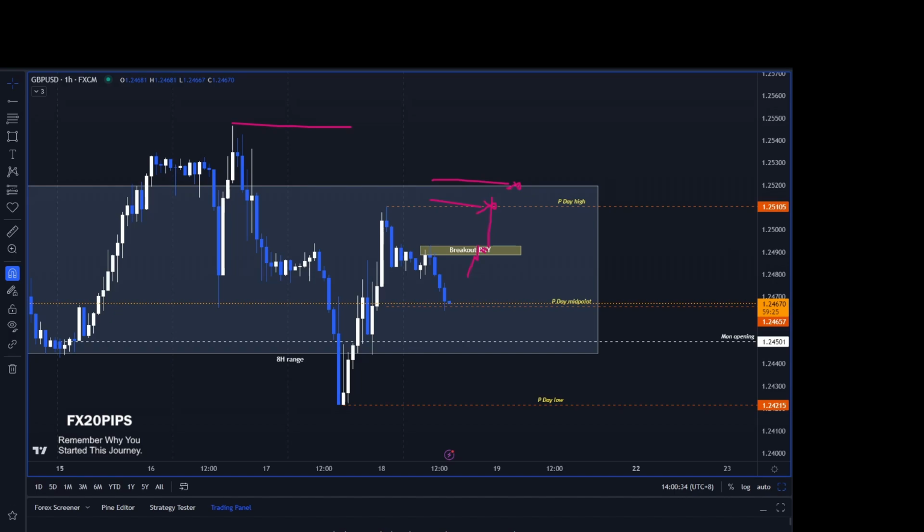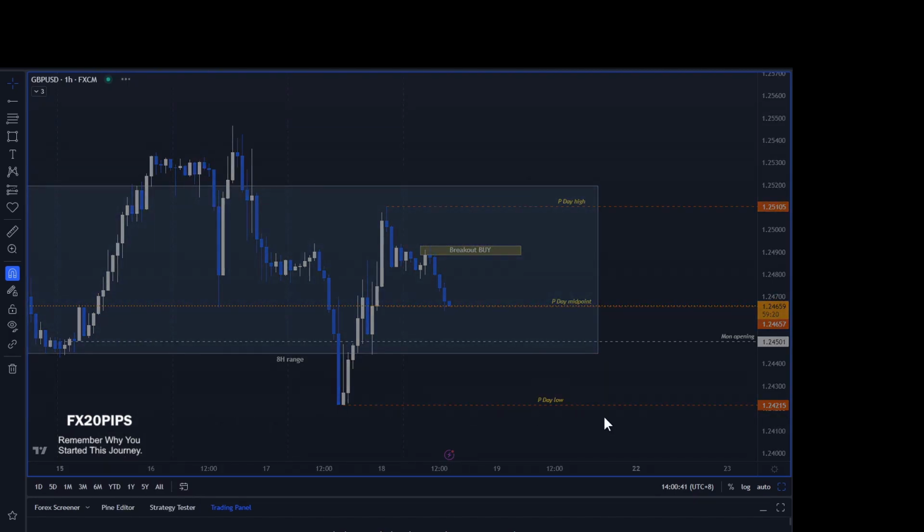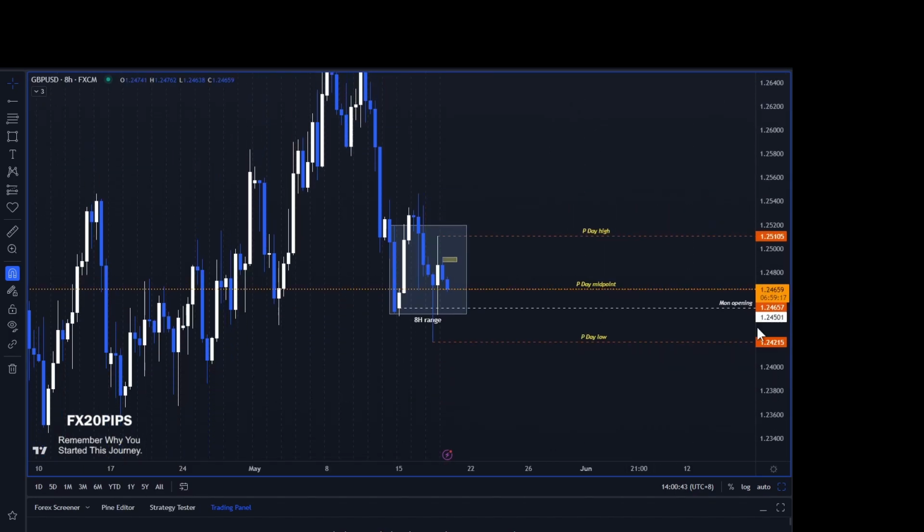If you are like me who likes to go for a higher time frame, then you could also start buying from here and look all the way to the top, isn't it?